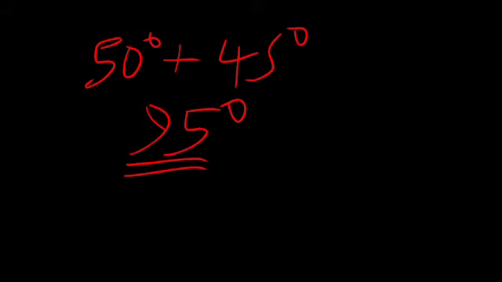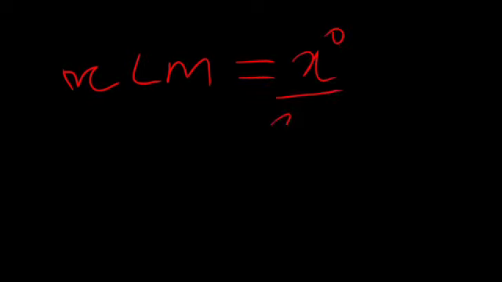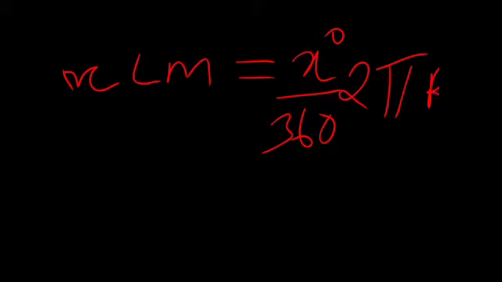Therefore, we can now say the arc LM is equal to x degrees over 360 degrees multiplied by 2 multiplied by pi multiplied by the radius of the Earth. So let me make some space for calculation.